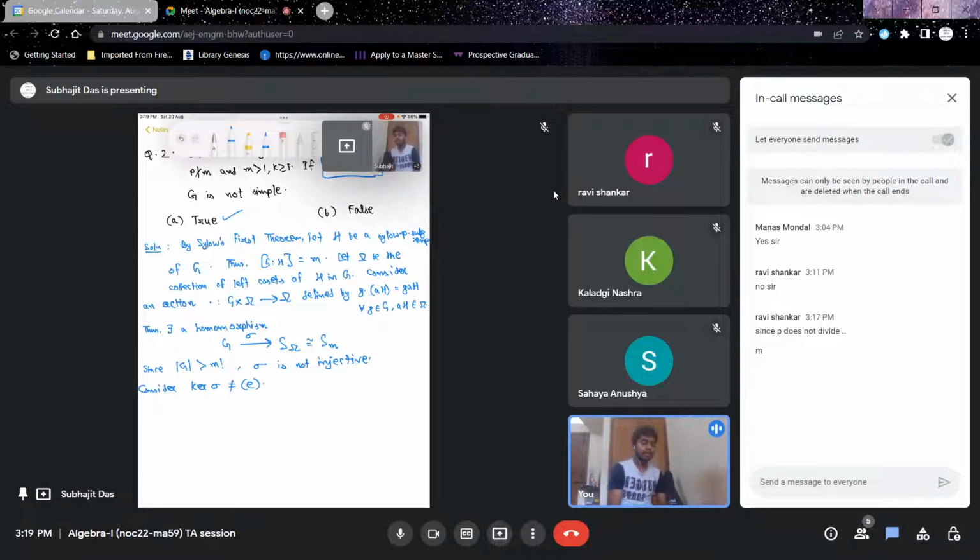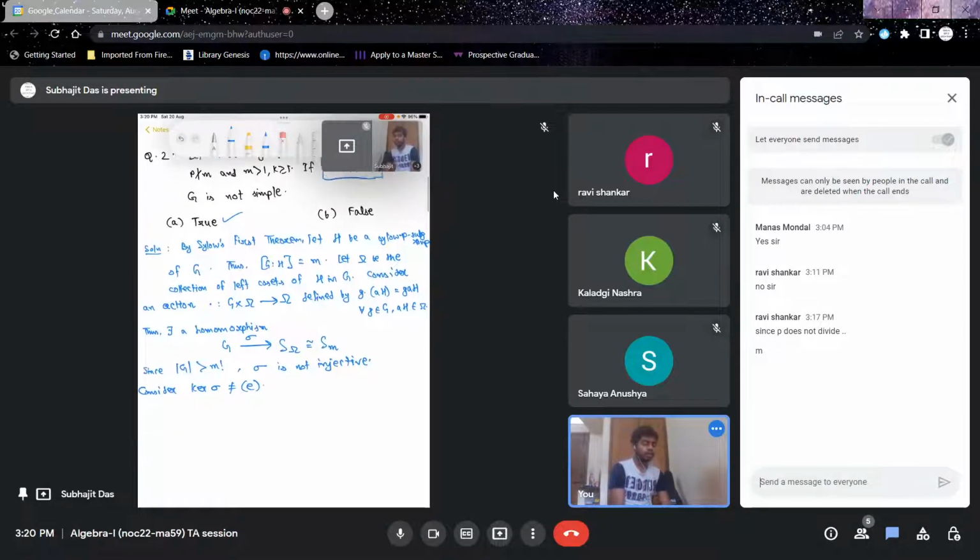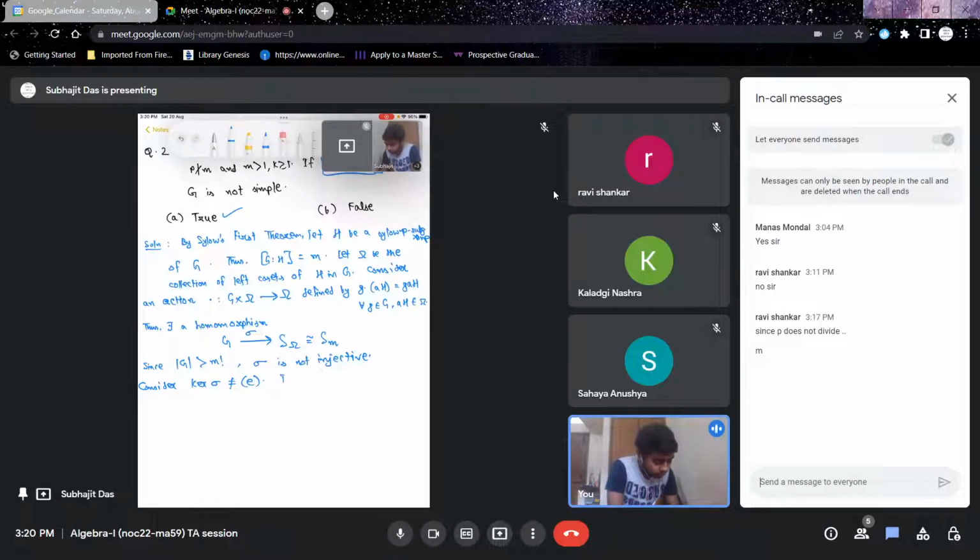But still there is no guarantee that this subgroup might not be the entire group G, right? It still might be the entire group G, in which case it certainly is not proper. Why? So if the kernel of sigma is equal to the entire group G, that is every element of the group is in the kernel, which means that every element of the group is getting mapped onto the identity permutation of S omega.